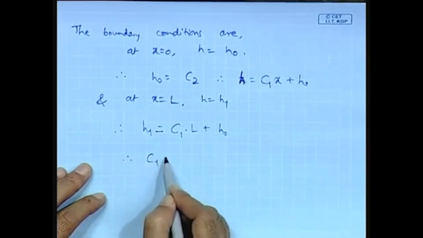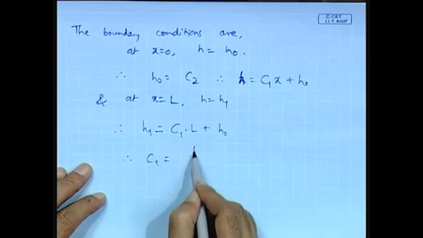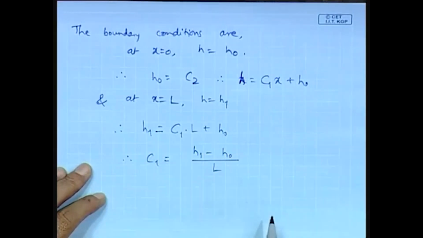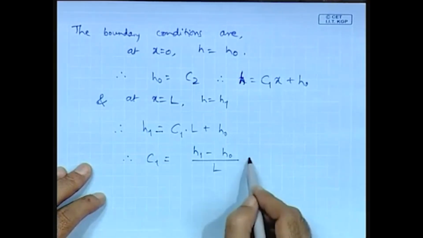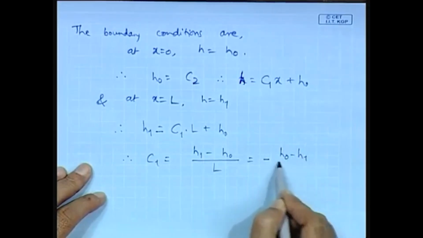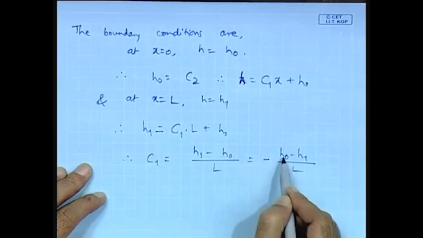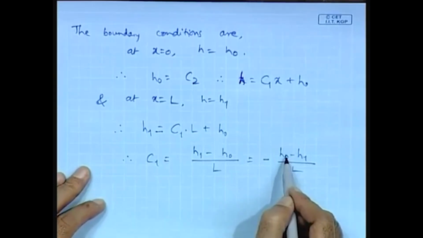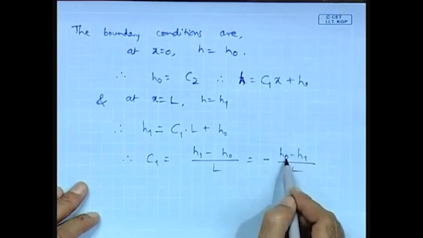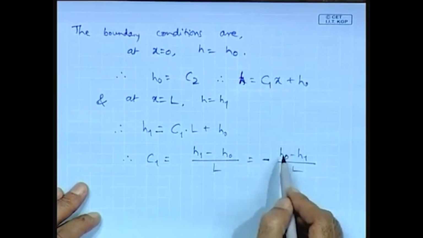Therefore, C1 is equal to H1 minus H0 divided by L, which we can also write as minus of H0 minus H1 divided by L, since H0 is bigger, the head in the piezometric surface in the upstream water body.